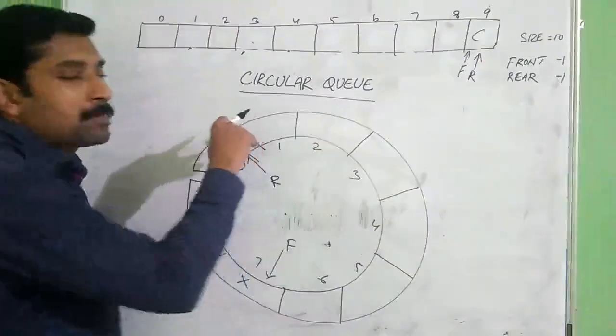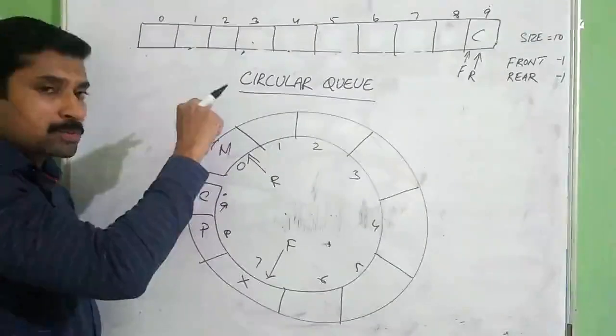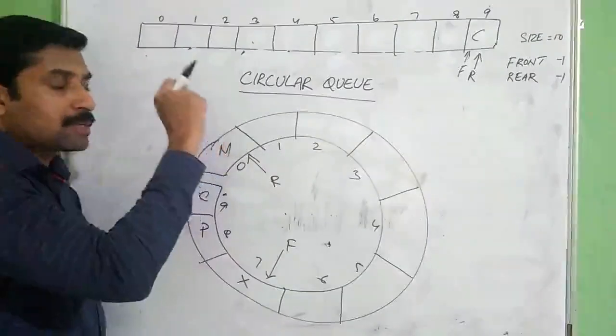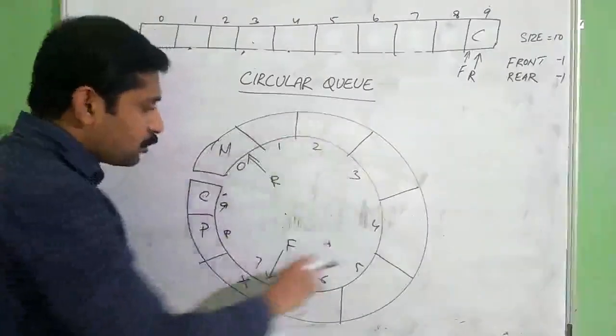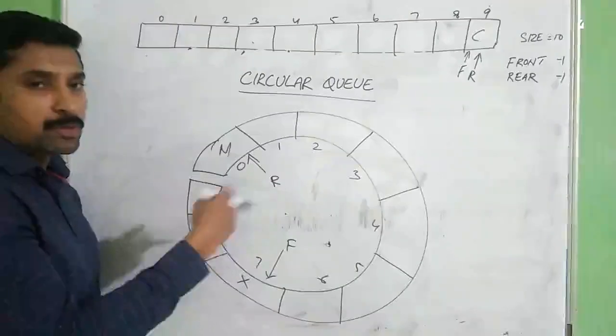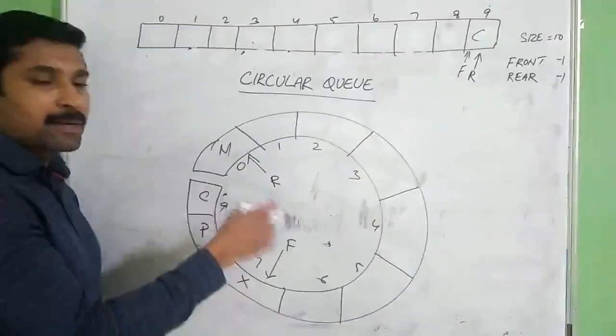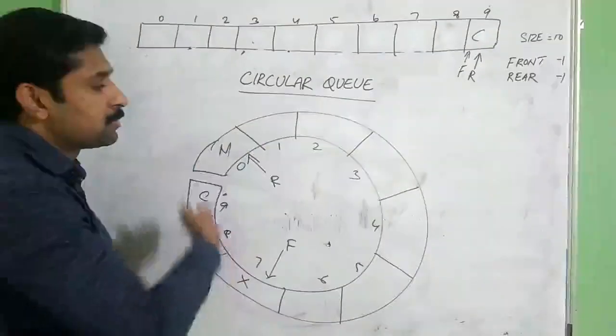So we can overcome the demerit of the linear queue, that it shows queue overflow even though there is space available to occupy a new item. Such a queue is called a circular queue. We will make some changes in the logic of the insertion and deletion algorithm.